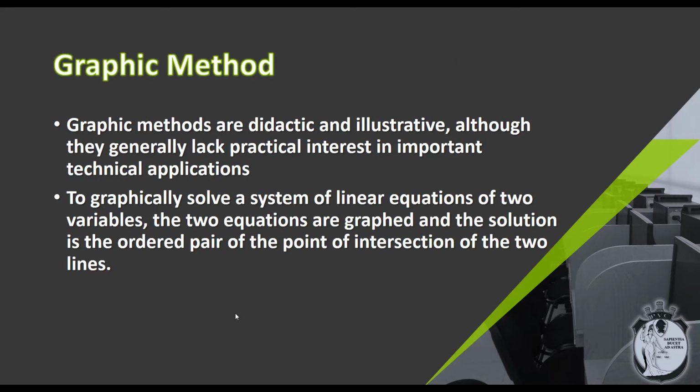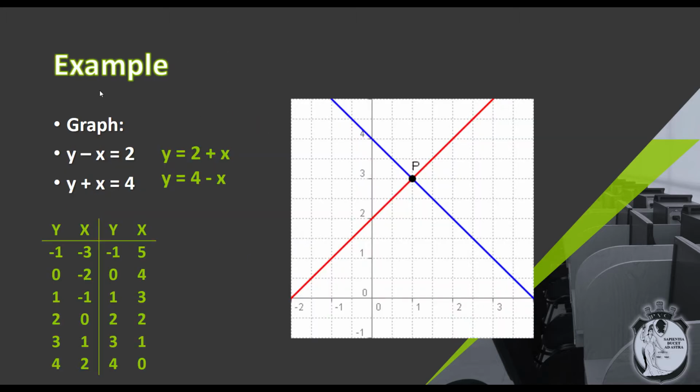We will see the first method to solve that. The first is the graphic method. It is didactic and illustrative. How do you solve using that method? For example, we have this problem here: y less x equals 2, y plus x equals 4.